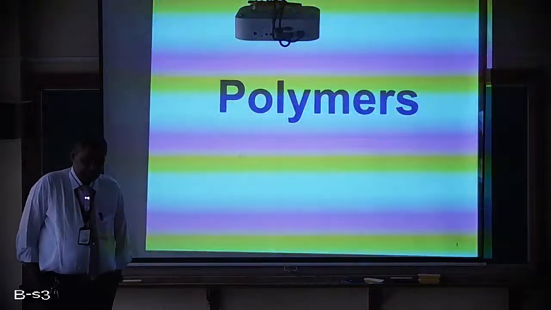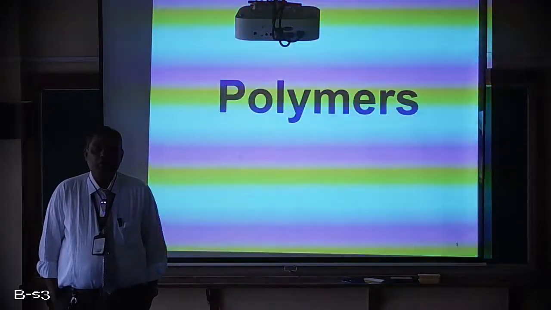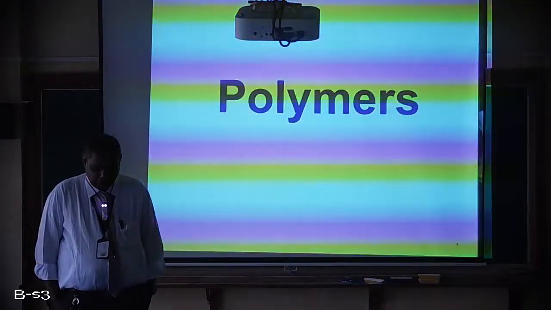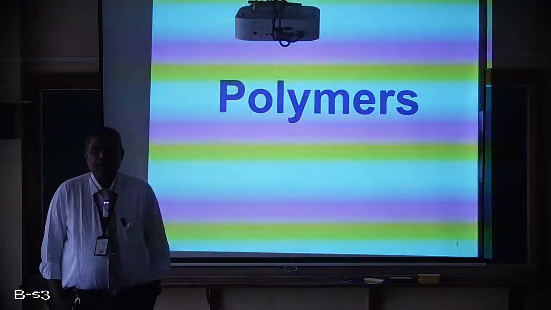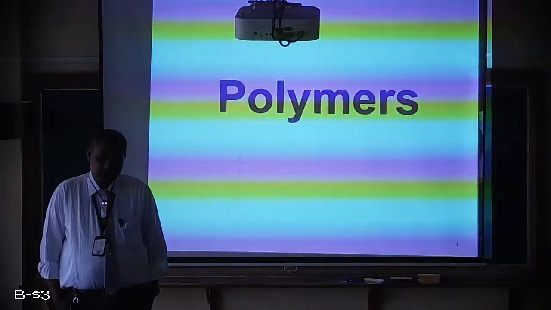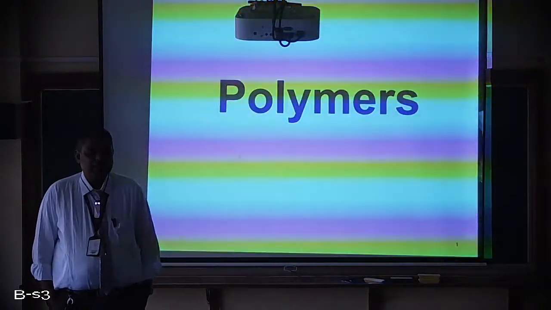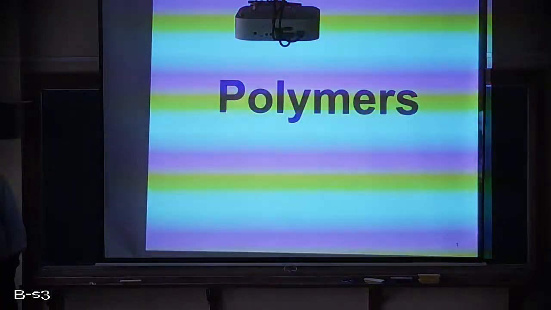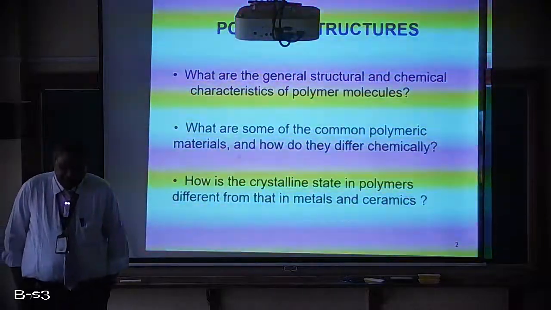Polymer is a Latin or Greek word that is split into two. Poly means many, mer is a molecule. A single molecule is called a mer or monomer. The series of these monomers or mers is called a polymer. Every polymer has a structure.